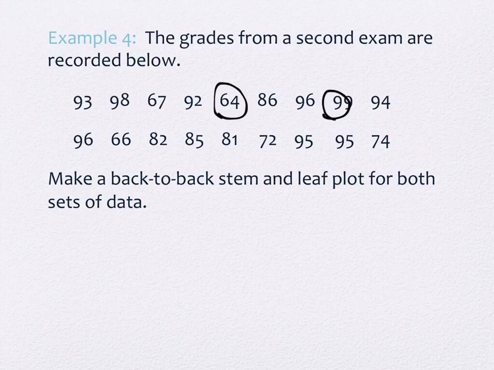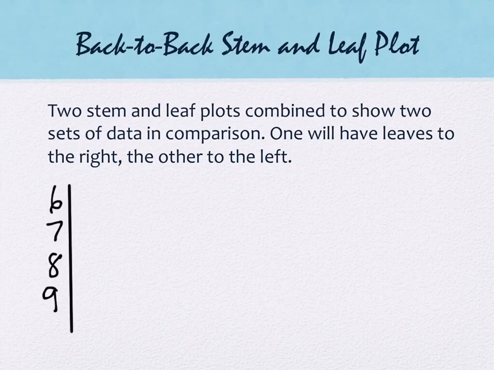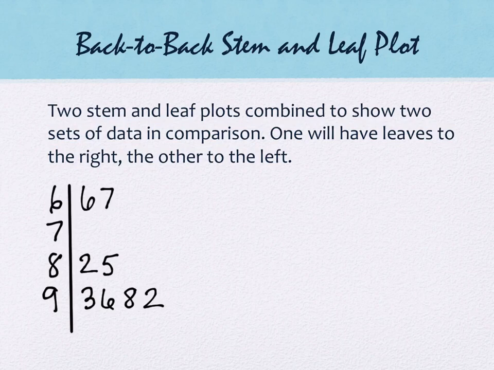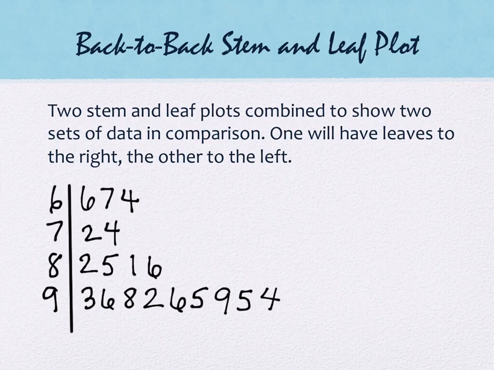So over here, we have 93, 96, and then I have 98 and 66, 67 and 82, 92 and 85, 64 and 81, 86 and 72, 96 and 95, 99 and 95, 94 and 74. This test went better, didn't it?